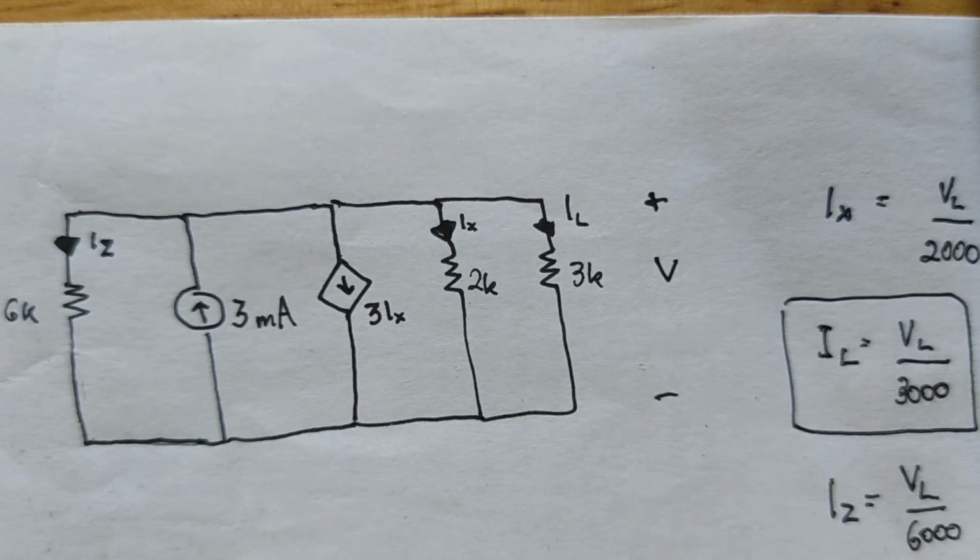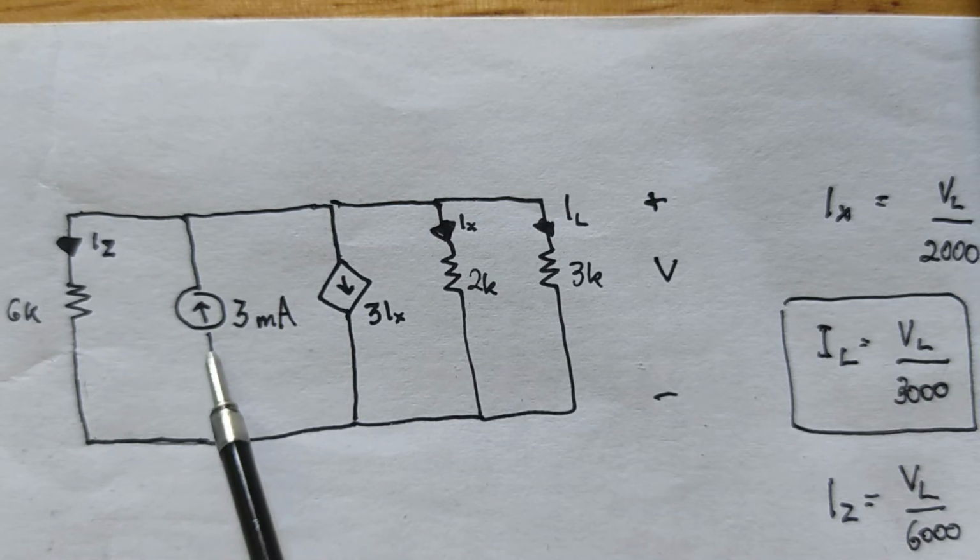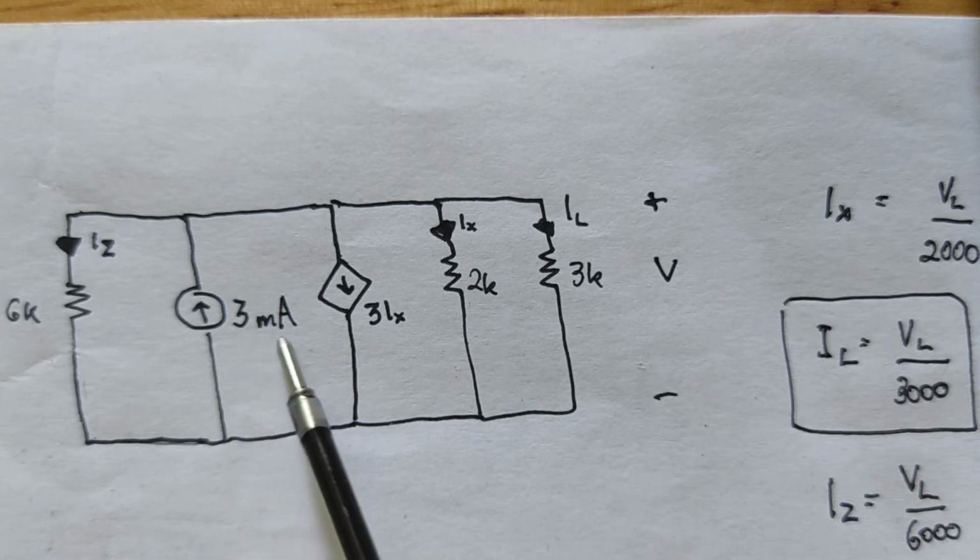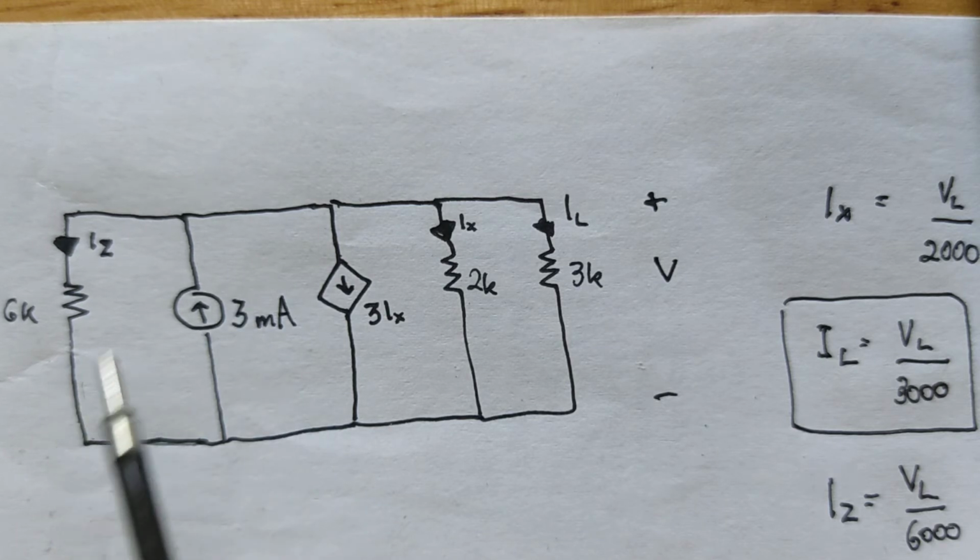After combining the two current sources, I redrew the circuit. We now have 3 milliamps going to this node.